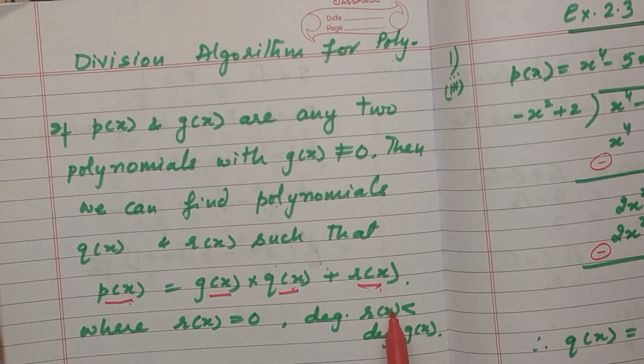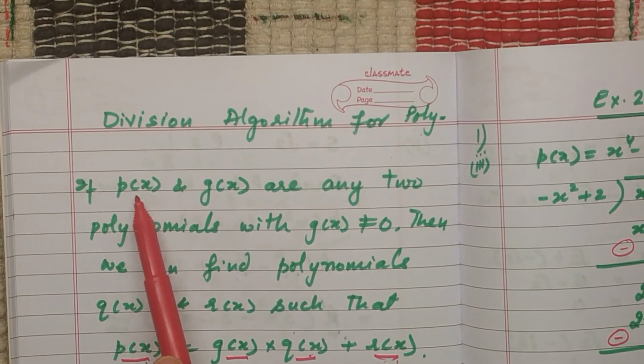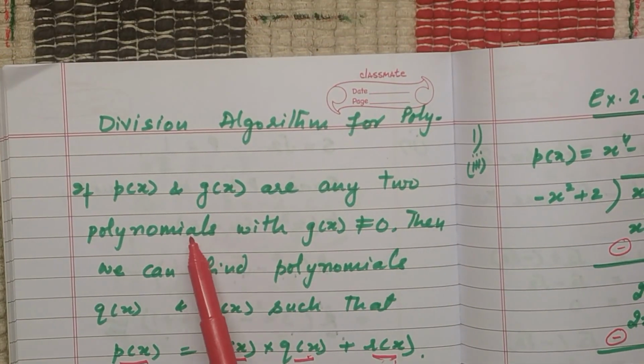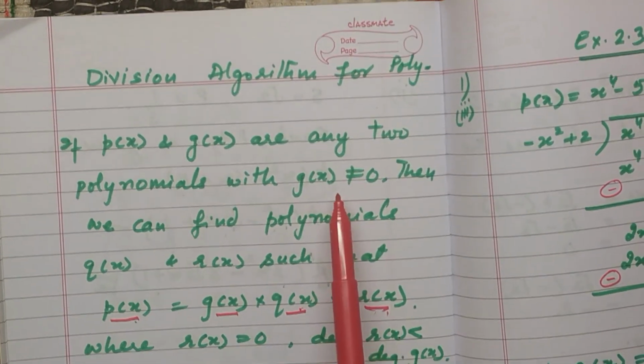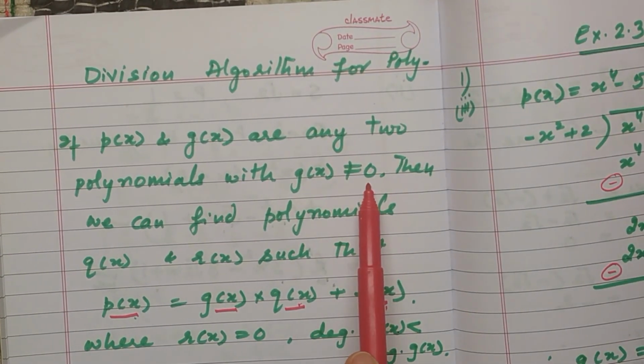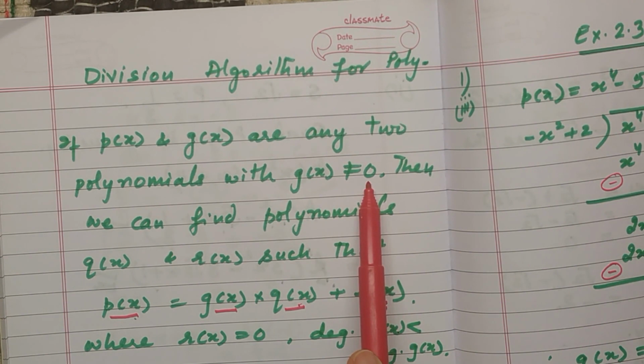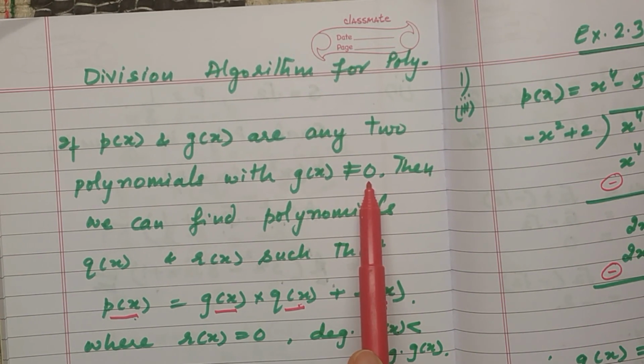So the division algorithm for polynomials says that if p(x) and g(x) are any two polynomials with g(x) non-zero, we know that if we need to divide, the rule says the divisor has to be non-zero.